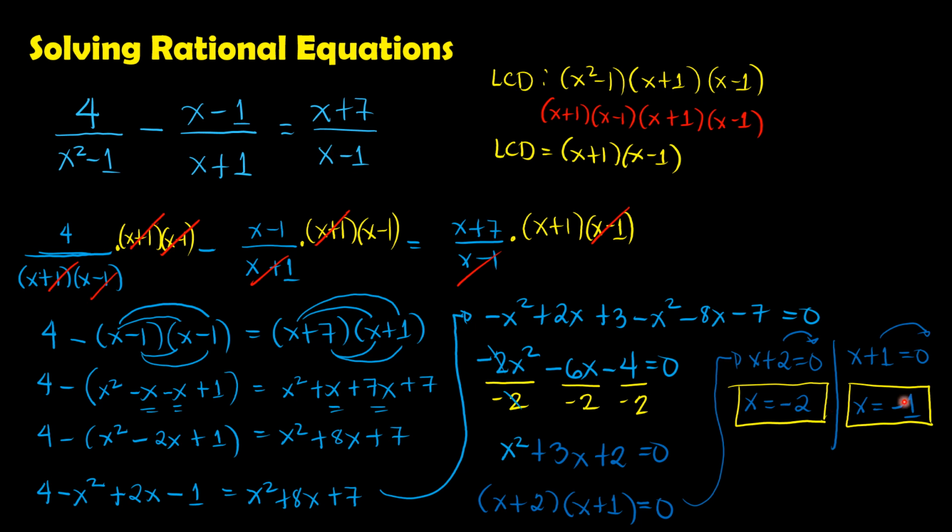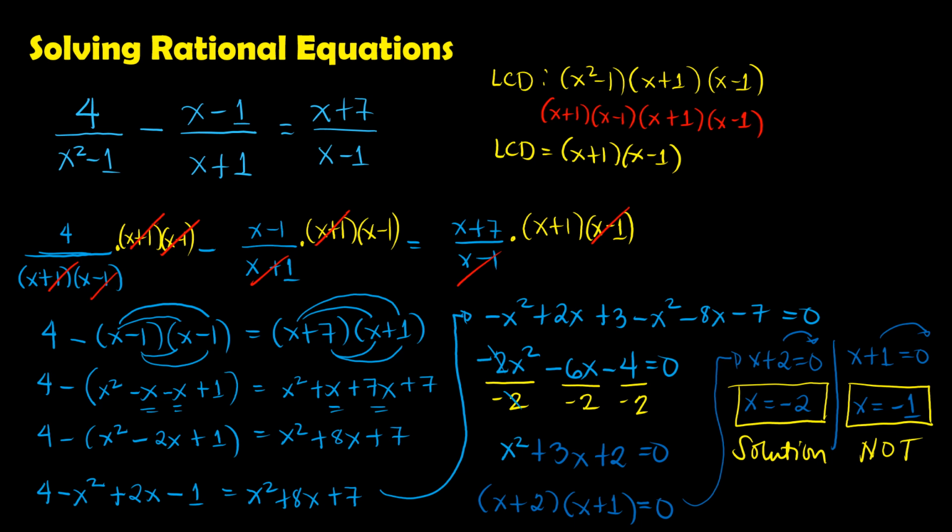Pero pag tinignan natin yung isang sagot na x is equal to negative 1, dito pa lang. Pag pinalitan natin to ng negative 1, tapos plus 1, magiging 0 tong part na to ng problem, which will make the entire equation undefined. So, ibig sabihin, from these two answers, yung negative 2 ang solution, but the other one is not.